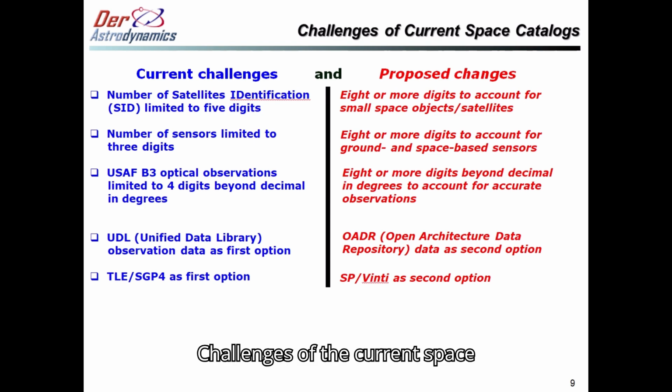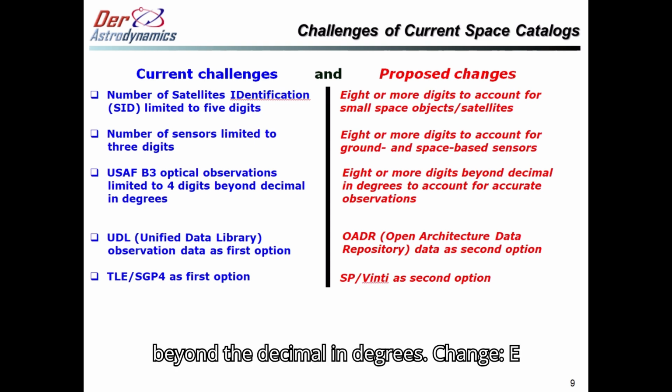Challenges of the current space catalogs. Current challenges in blue and proposed changes in red. Current: SID limited to 5 digits. Change: 8 or more digits to account for future objects or satellites. Current: number of sensors limited to 3 digits. Change: 8 or more digits to account for ground and space sensors. Current: US Air Force B3 optical input limited to 4 digits beyond decimal in degrees.